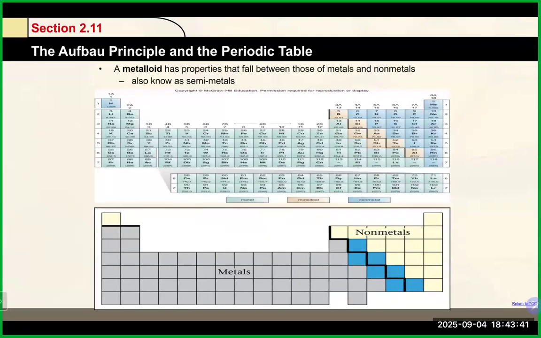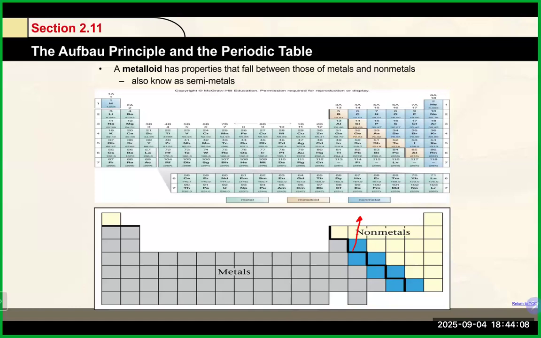Now, up on the staircase there, they are considered semi-metals, if you're old, or nowadays they call them metalloids a lot. What semi-metals have are properties that fall on either side of where they're located. The same metalloid could have some properties that would be considered more of a metal property, and some properties that are more like a non-metal property.